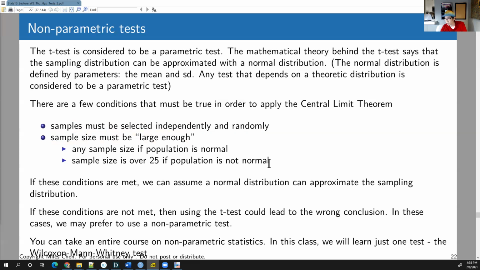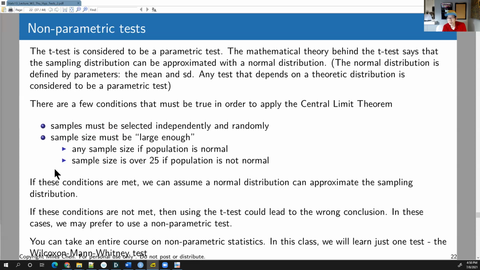That's your rule of thumb. If these conditions are met, we can apply the central limit theorem, and we can assume that the sampling distribution follows a normal distribution. But on the other hand, if these conditions are not met, then using the t-test in these situations could lead us to the wrong conclusion, right?